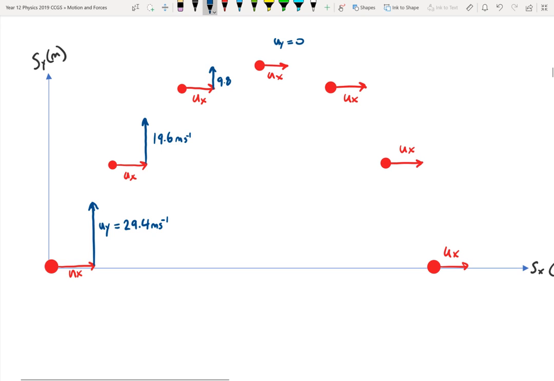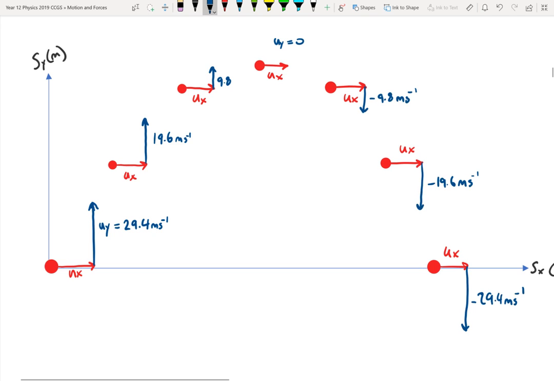We are then going to continue such that 4 lots of 9.8 will give negative 9.8. Then 5 lots would give negative 19.6. And then finally negative 29.4. Okay?